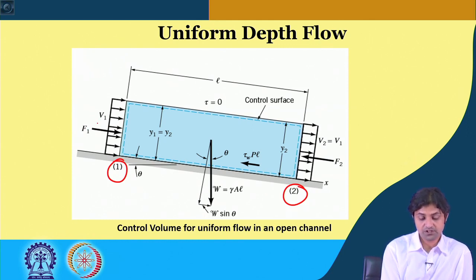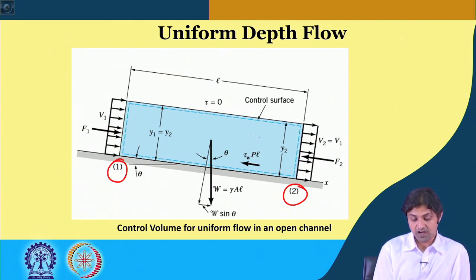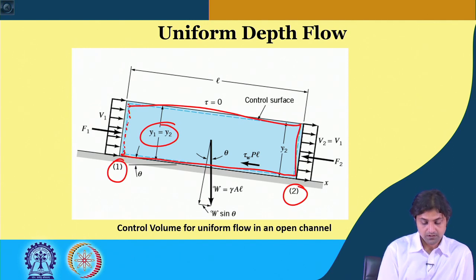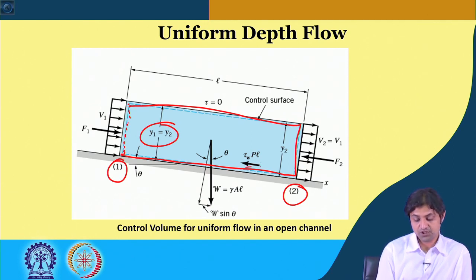F1 is the hydrostatic force which we are going to calculate, V1 is the velocity, and the depths are y1 and y2, but since this is uniform depth, y1 is equal to y2. This is the control surface, and the bed shear stress is tau w, and theta is the angle of the bed slope.